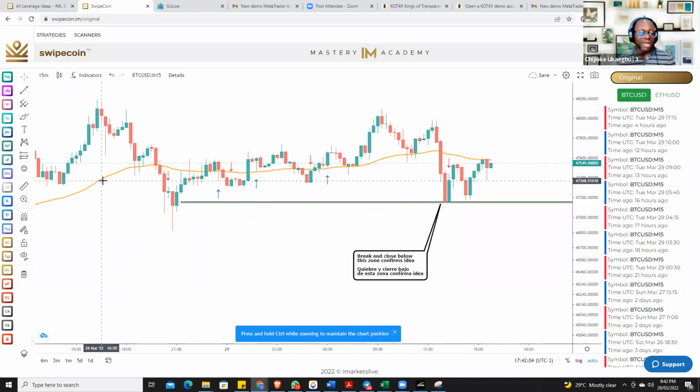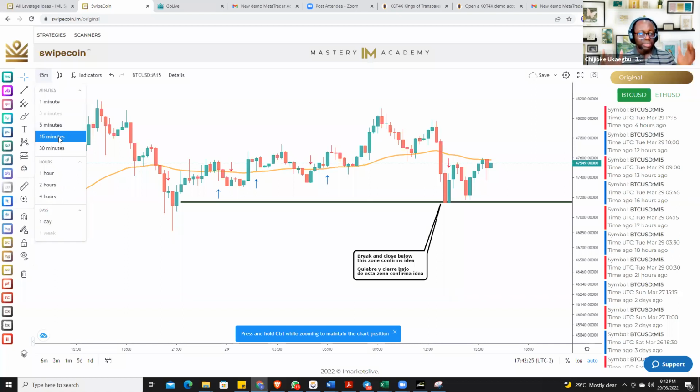And you have this orange line that is by default placed on, it overlaps with those red and green lines. Please be sure as well that when you come here, this thing here is set on 15 minutes. This is the time frame that we are looking at.